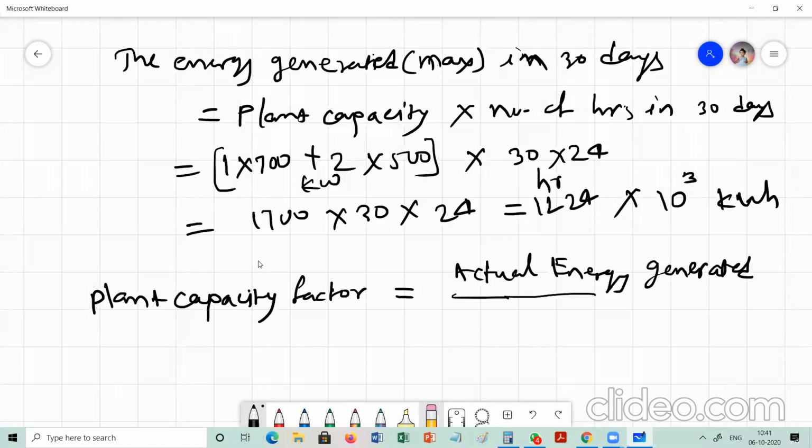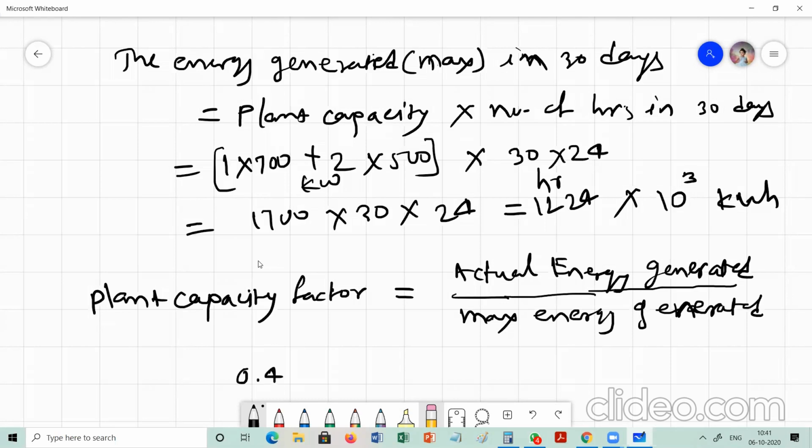The plant capacity factor they have given is 40%, that is 0.4.